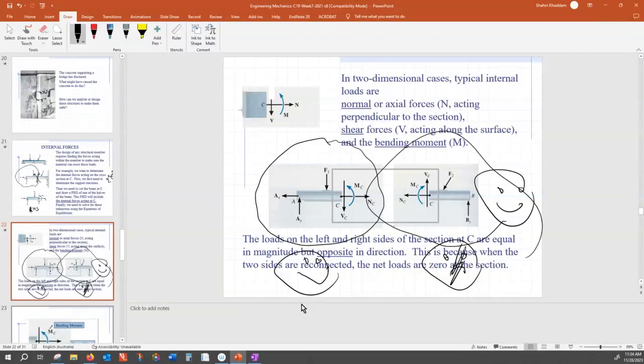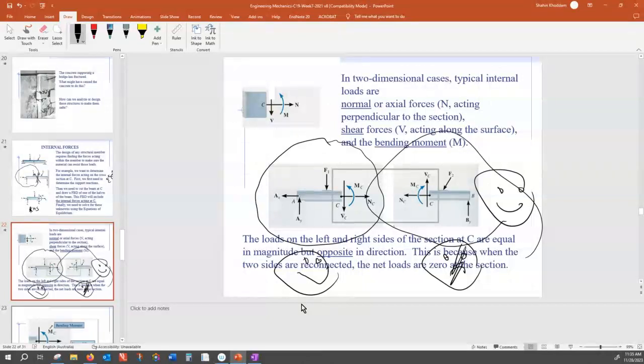No, no. Just don't confuse that. F1 is negative, but all I'm saying is start with your free body diagram. Do you assume V of C pointing down or up? You assume this is down when it is the left-hand side. And if you find it like that, that V of C is positive.